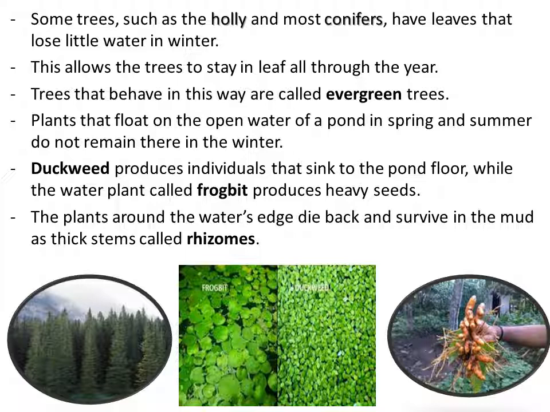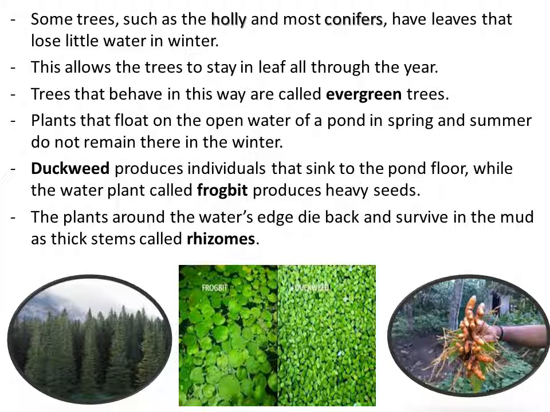Plants that float on the open water of a pond in spring and summer don't remain there in the winter. Do you see the picture down? This is an example of plants that float on the open water of a pond. They float in spring and summer, but we don't find them in winter.